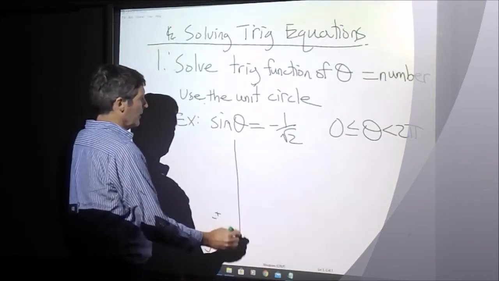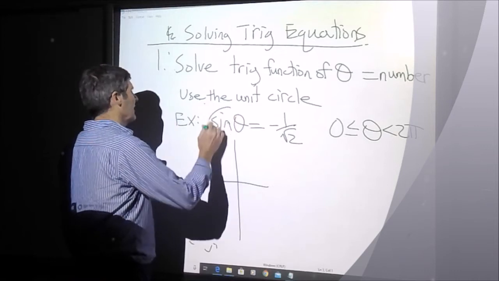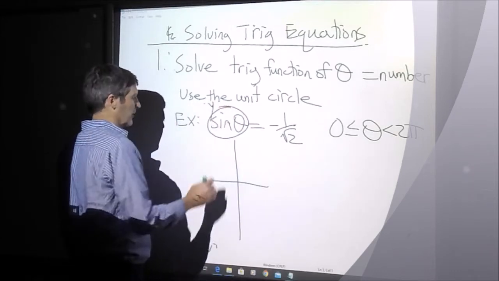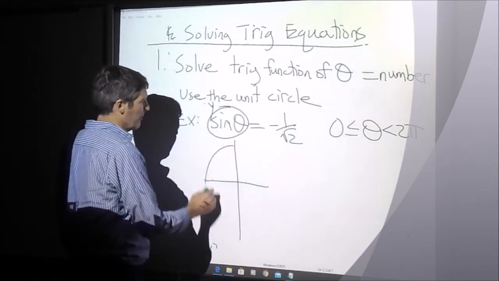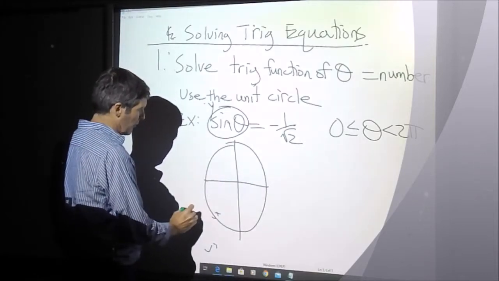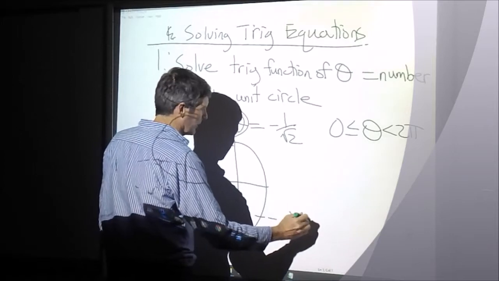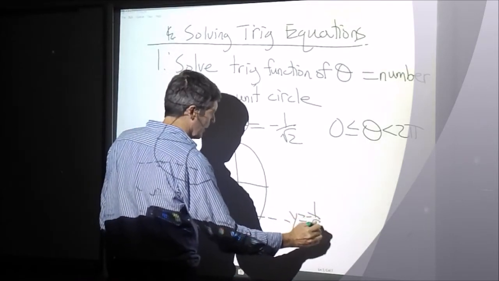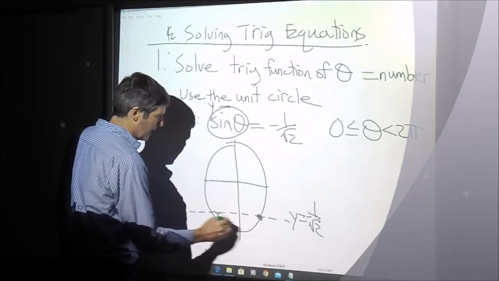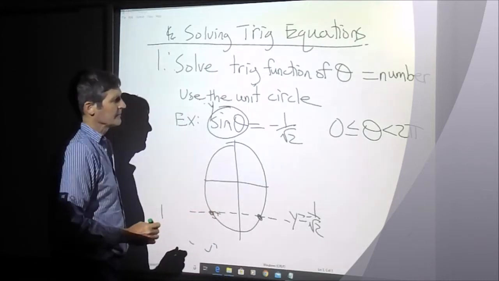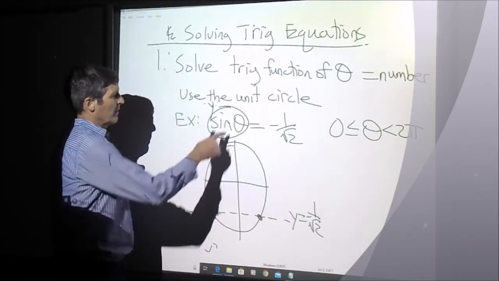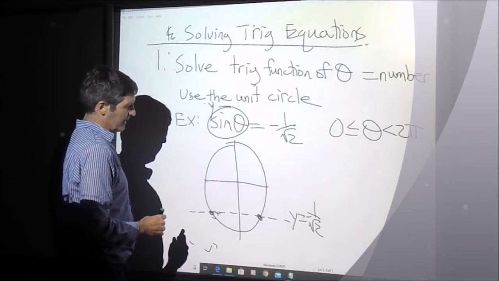Well, what you do is you say sine of theta is the y-coordinate on the unit circle, and it's supposed to be minus 1 over square root 2, so I draw all points in the plane that have y-coordinate minus 1 over square root 2. Then the two of them that are actually on the unit circle correspond to angles that theta could be.